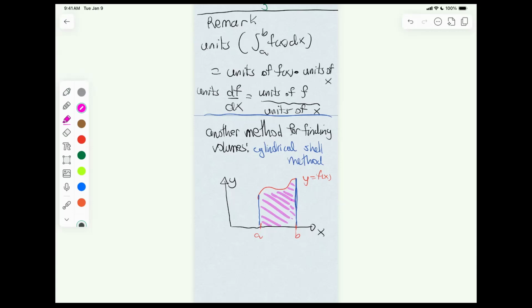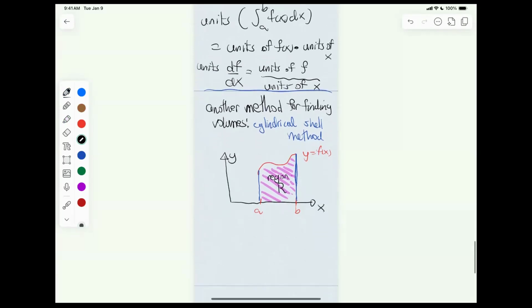Imagine that you have the region, which we can call R. The idea is that you rotate this region about the y-axis.